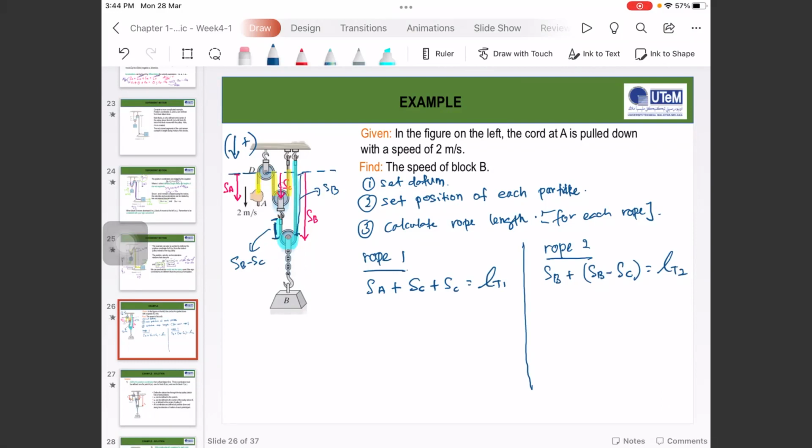Right? So macam mana buat tu? So yang ini adalah SA. So this one is SA plus and then this is 2SC minus SC length 2. Okay.